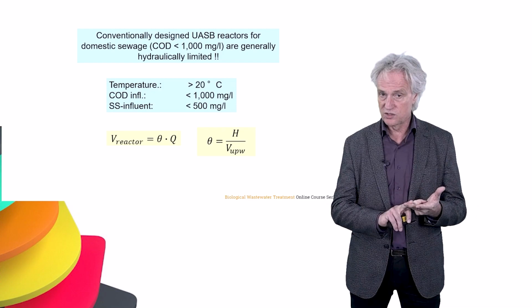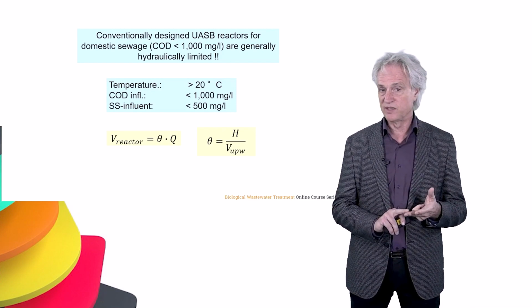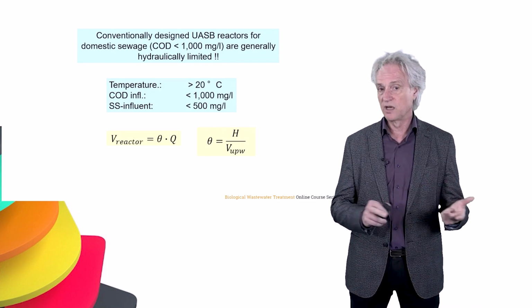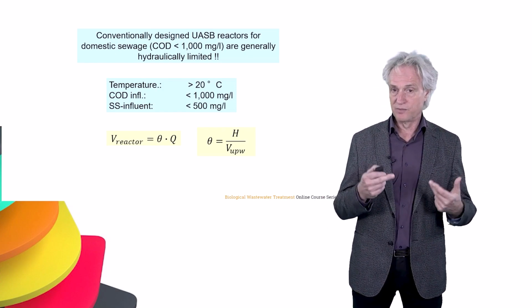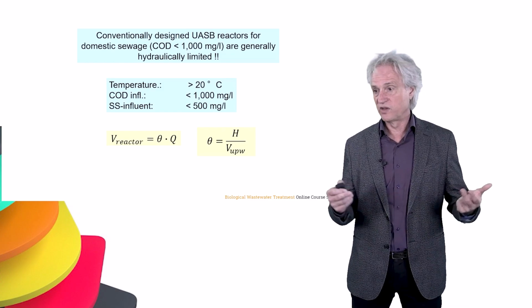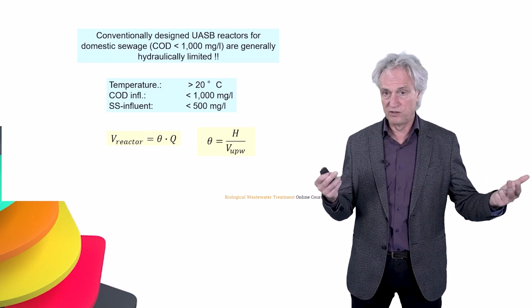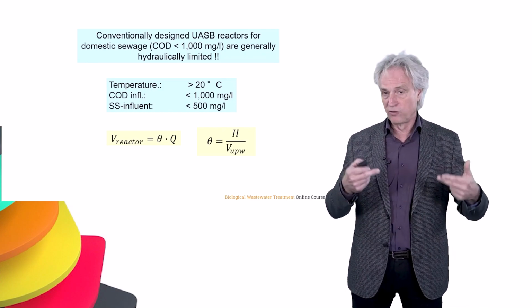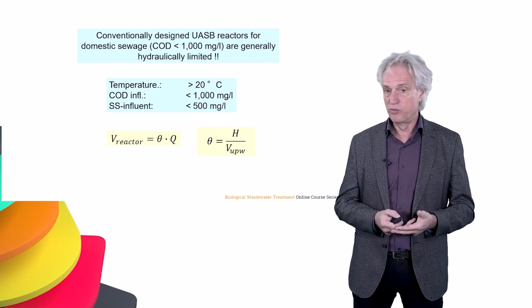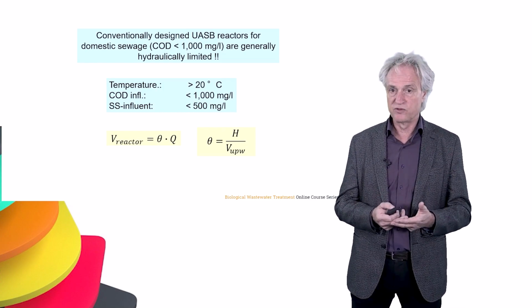Under these conditions, the volume of the reactor can be calculated as the retention time times the flow rate. The retention time is the height divided by the upflow velocity, in which the height is between 5 and 5.5 meters, maybe 6, and the upflow velocity not more than 0.7 meter per hour, maybe with a maximum of 1 meter per hour.